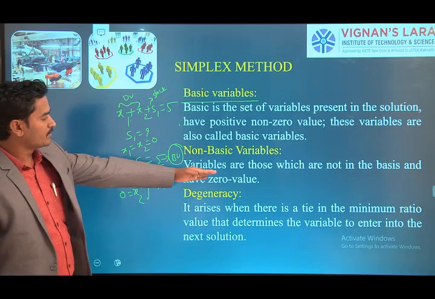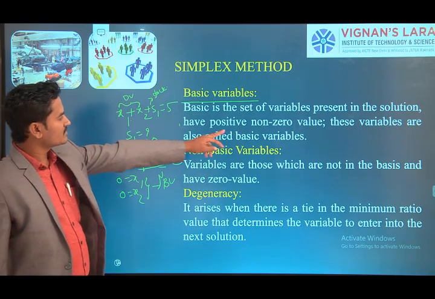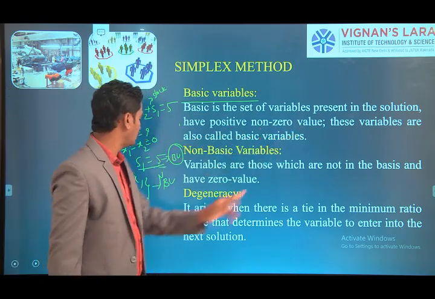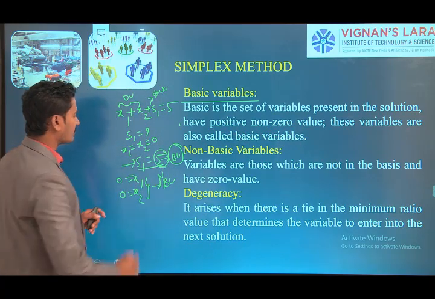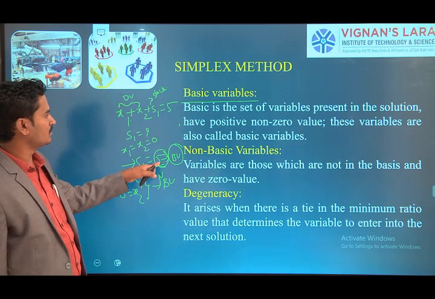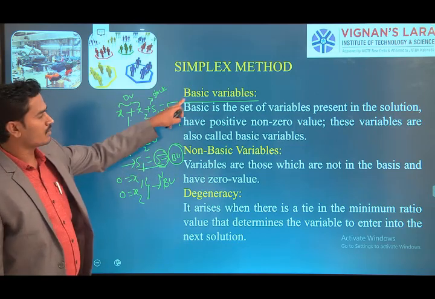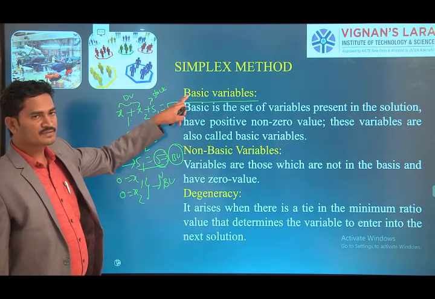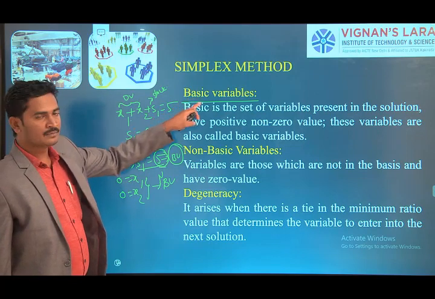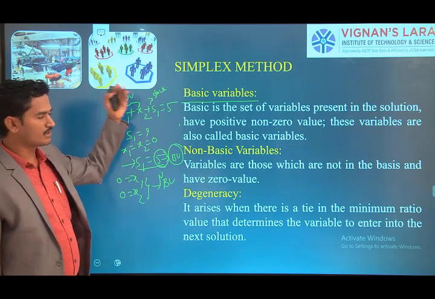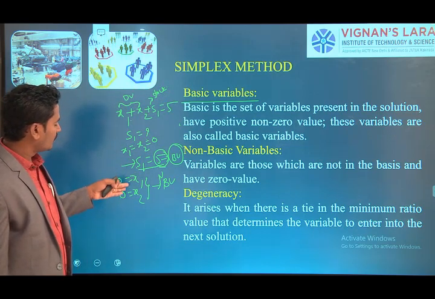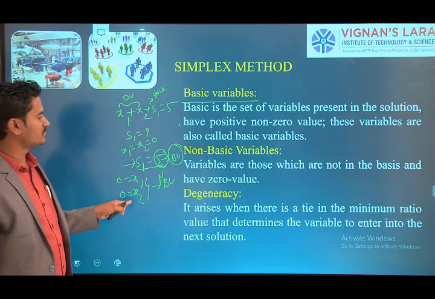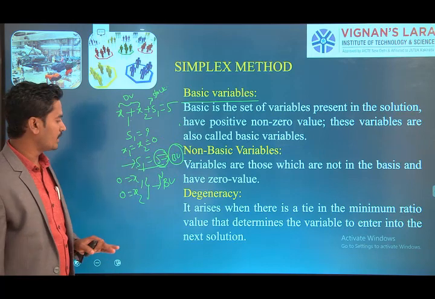A basic variable means a positive non-zero value. The slack variable has a positive non-zero value, that's why slack variables are called basic variables. Sometimes the surplus variables and the artificial variables are also called basic variables. The decision variables are called non-basic variables.